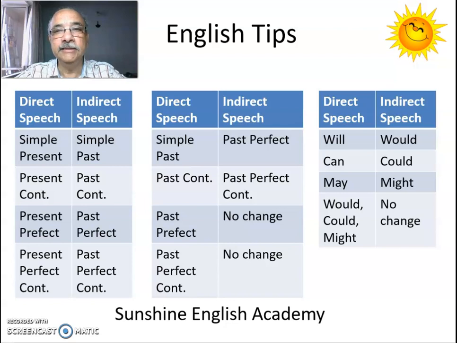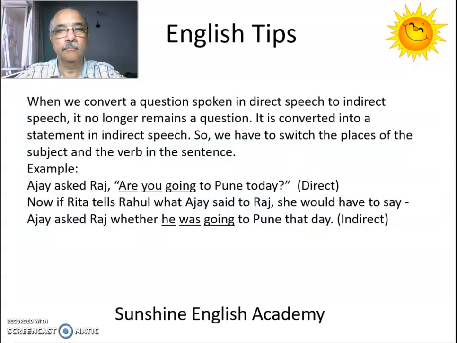In the future tense, we change only the modals. Will changes to would, can to could, and may to might. The words would, could, and might in the direct speech don't change while converting to indirect speech.